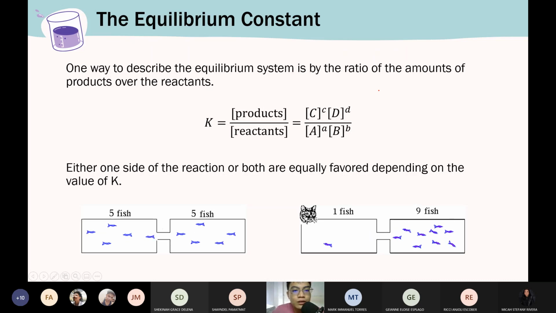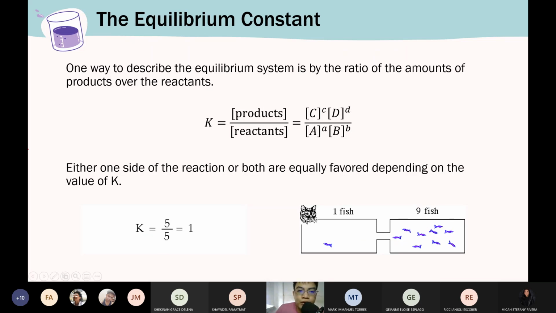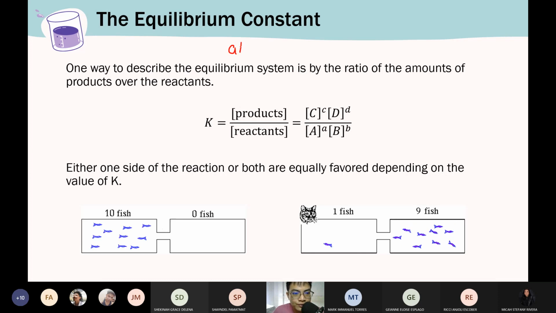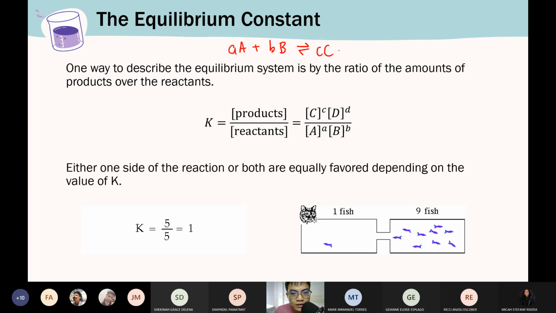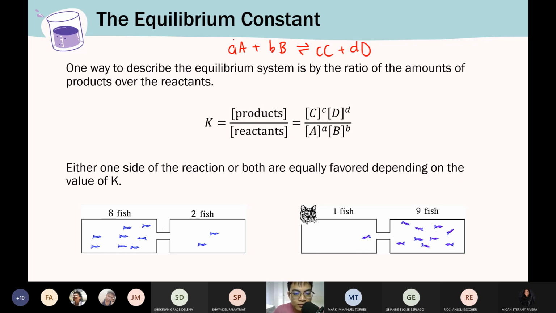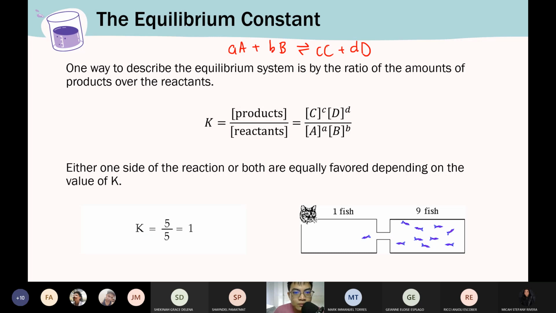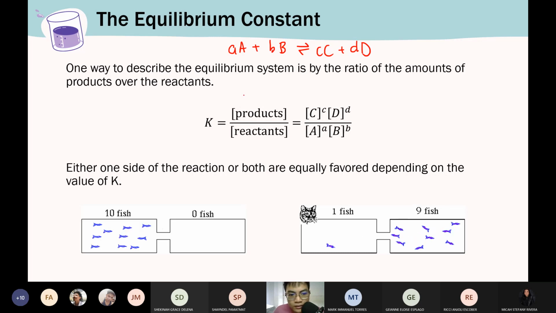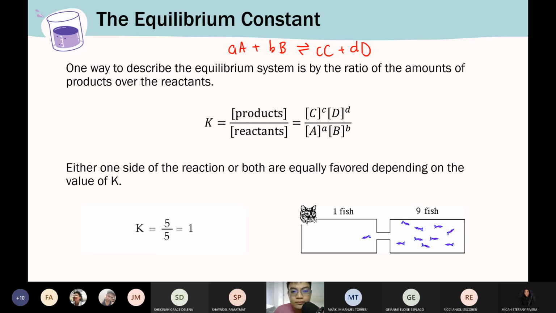Okay? So how do we even write equilibrium constant? Okay? So for a general reaction, A plus B in equilibrium with C and D, wherein the small letters are your coefficient, ganito daw magsulat ng equilibrium constant. So for the product side, you need to multiply the molar concentrations of C and D. Okay? So molarity yung i-multiply mo. Okay?